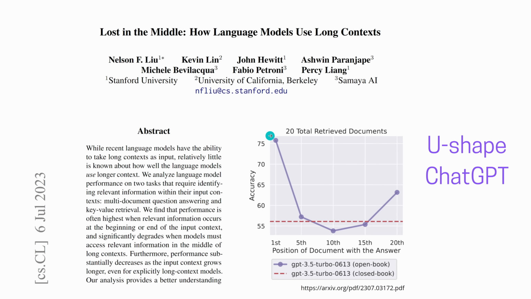And you see, if you provide 20 documents and the solution is in the 10th document, the performance of ChatGPT is worse than if you would provide no information at all. You would just ask the question, and this would be the minimum performance without any additional information.